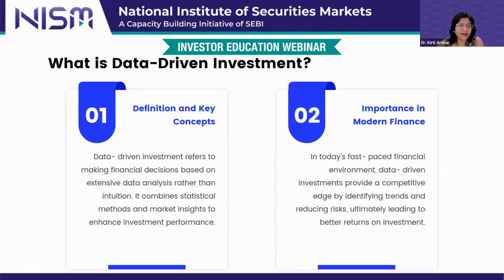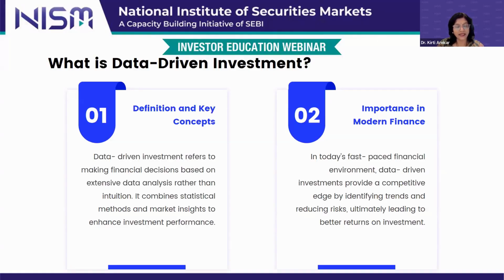There are different examples. Based on the price pattern, we can identify the market returns of any particular stock. Then we can also see the probability of a particular investment, how likely it is to go up or down. So it is not based on intuition. We need to do some analysis. We need to build our portfolio.